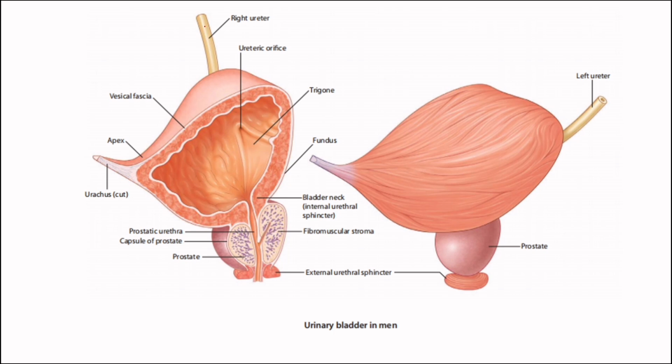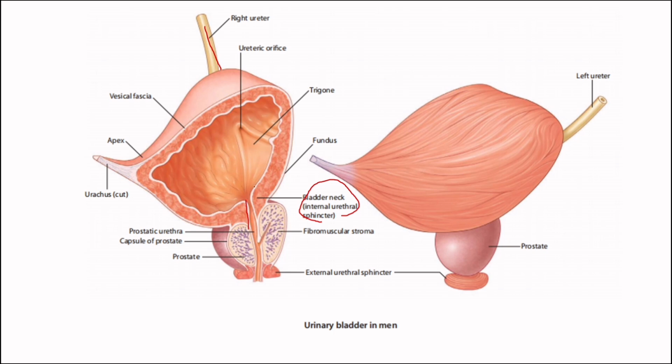This is due to the ureters. The muscle on its inferior aspect will fold in on itself to form the internal urethral sphincter.